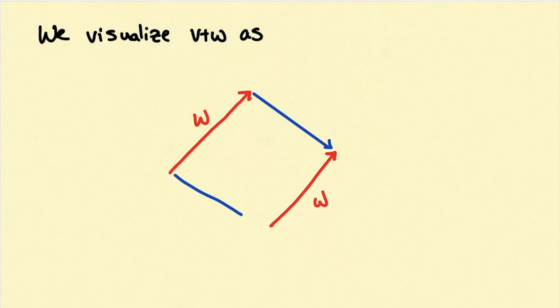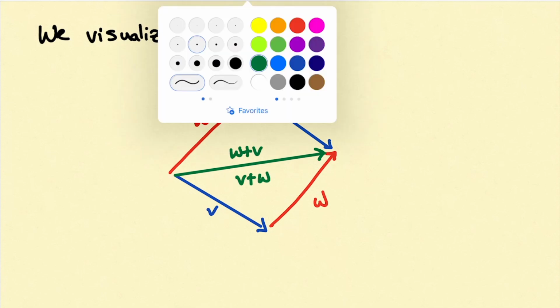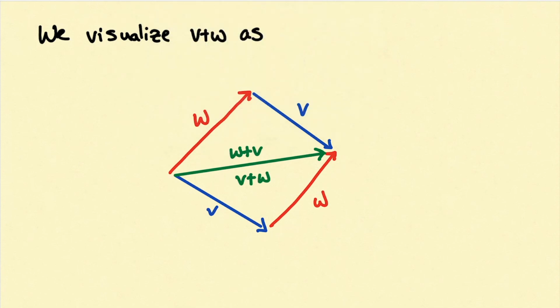So just as for R2, we visualize the vector v plus w, or w plus v, as the arrow through the parallelogram in Rm with two sides v and two sides w.